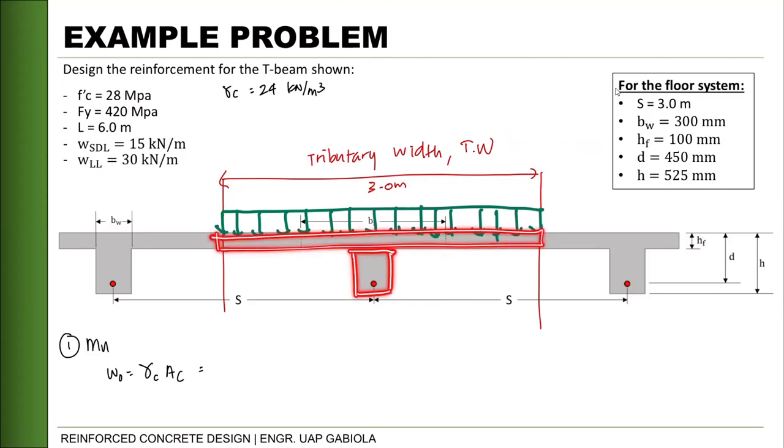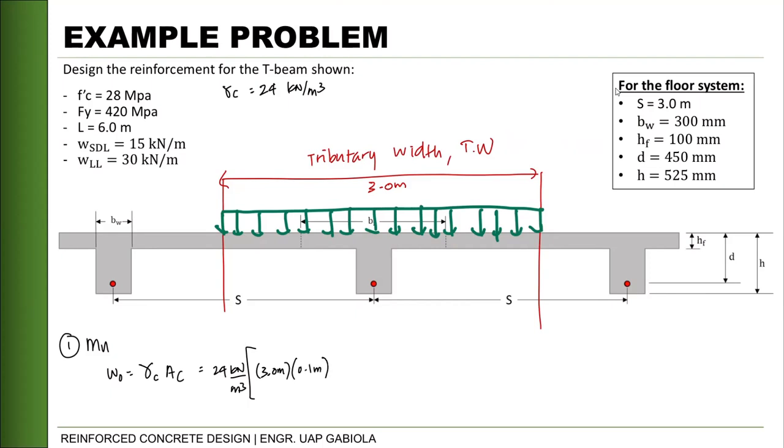So unit weight 24 kilonewton per cubic meter times yung area muna ng flange natin. That is yung ating tributary width na 3 meters times yung thickness niya which is 0.1 meters. So ito yung ating flange, and then for our web, yung width natin is 0.3 meters.